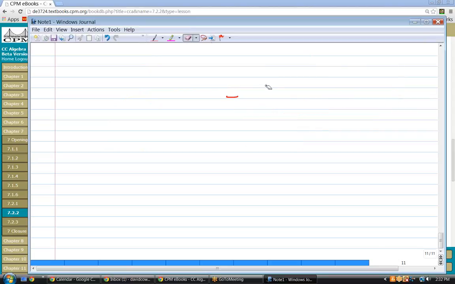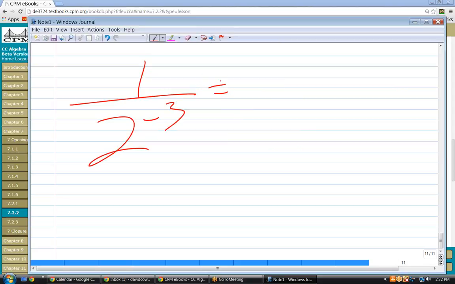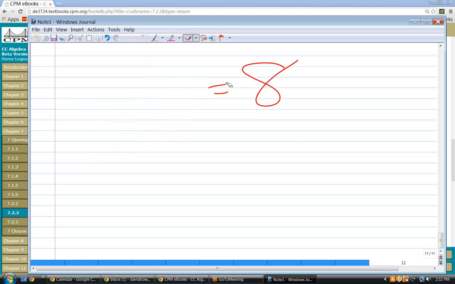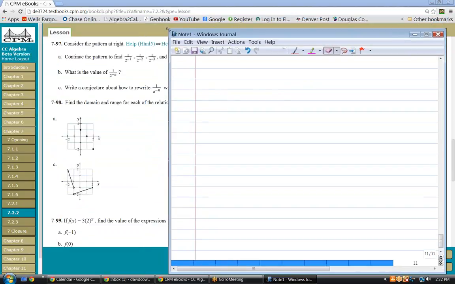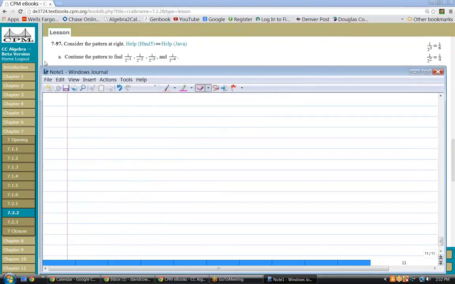So what does this become? 2 to the third over 1. 8. All right. What is this number? 1 over 2 to the negative 1?